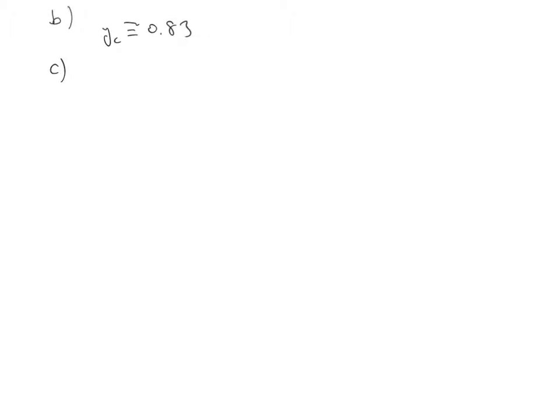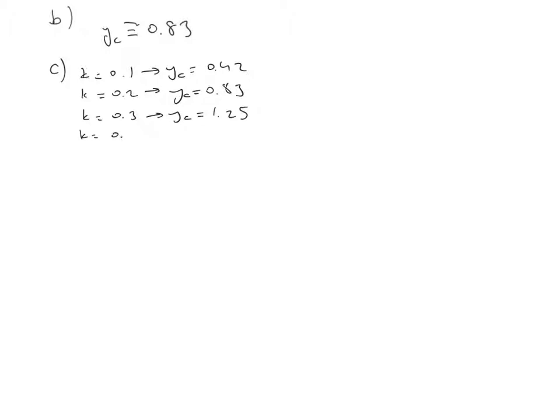Again, with the proper numerical calculations, for k is equal to 0.1, the corresponding y critical value is roughly equal to 0.42. And for k is equal to 0.2, y critical is roughly 0.83. For k is equal to 0.3, y critical is equal to 1.25.